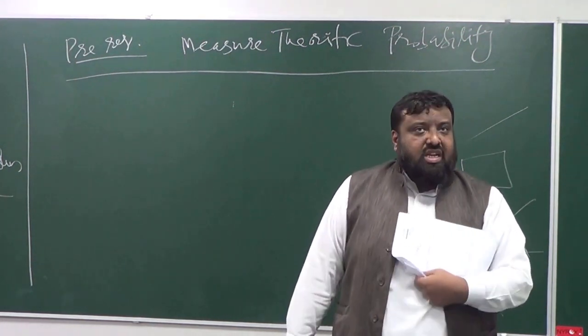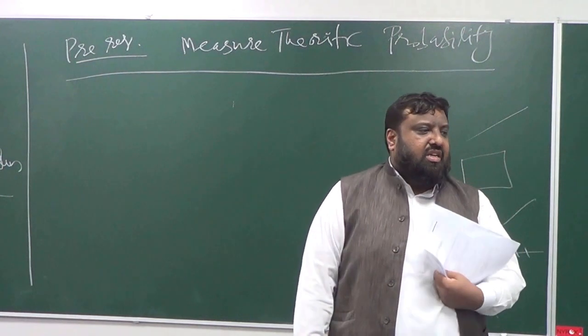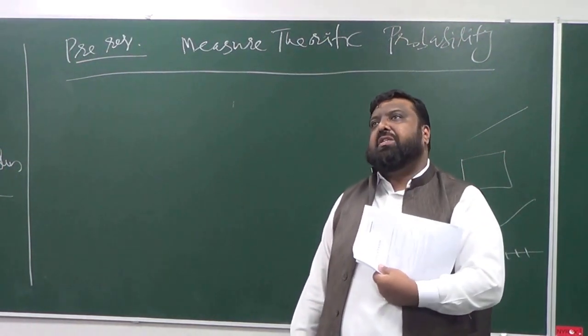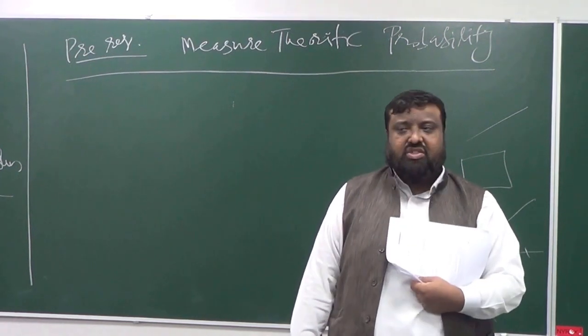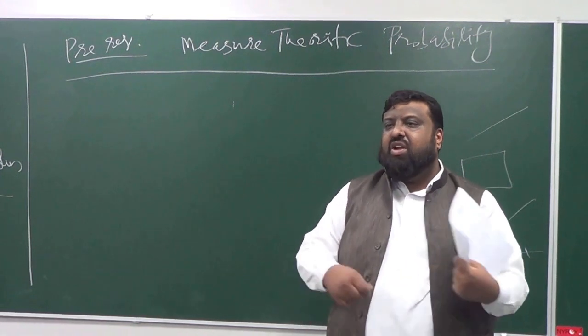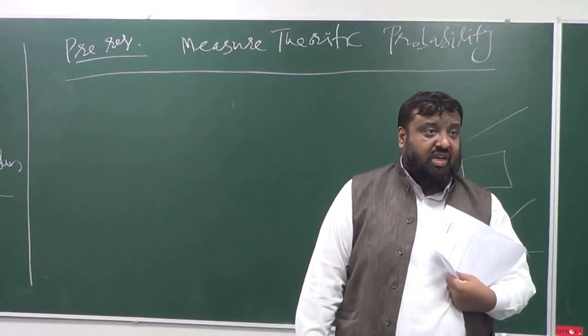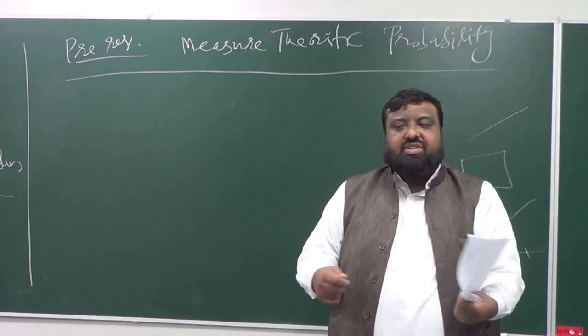So you will see throughout the course that there are a lot of phenomena that exist in nature in which there is involvement of randomness. But that randomness is coming from different reasons.